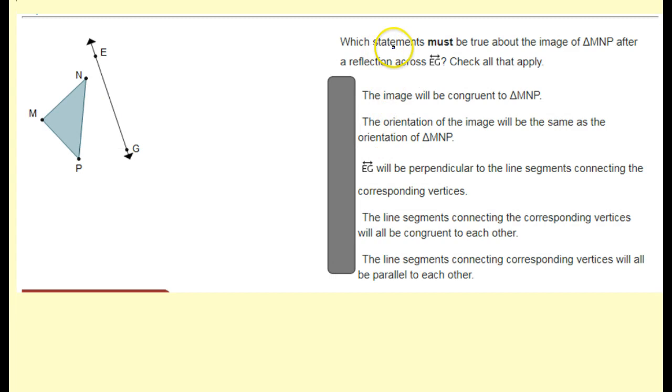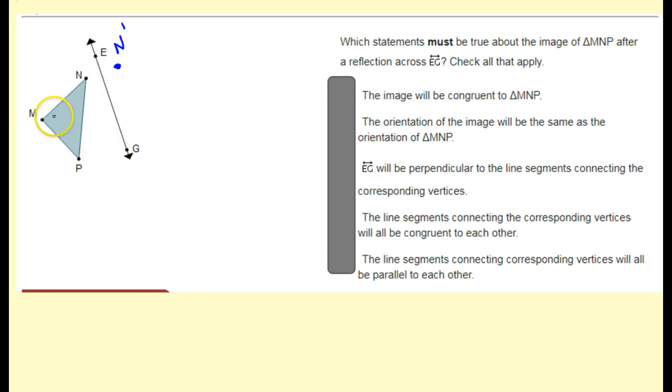Okay, last problem. Which statements must be true about the image of triangle MNP after a reflection across the line EG? Check all that apply. Well, let's do a little sketch first of all. So here's N. If I go the same distance over here, then this would be N prime.